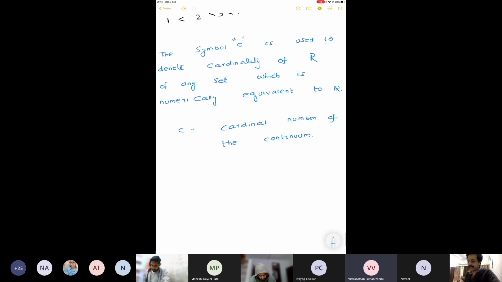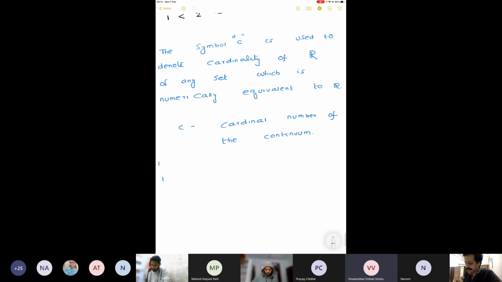So now you have the hierarchy: cardinality 1 is strictly less than 2, is strictly less than 3, etc., strictly less than Aleph naught. Aleph naught is for countable and C is for uncountable. So this is less than C. You cannot find a 1-1 onto map between a countable set and an uncountable set.